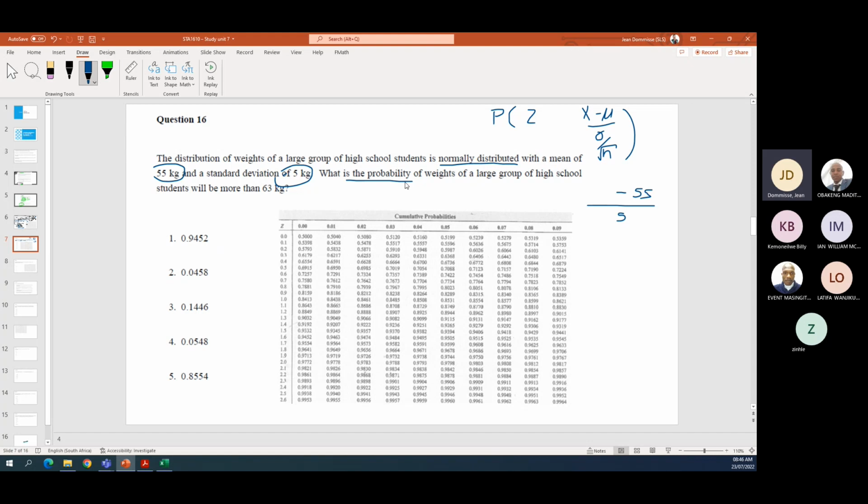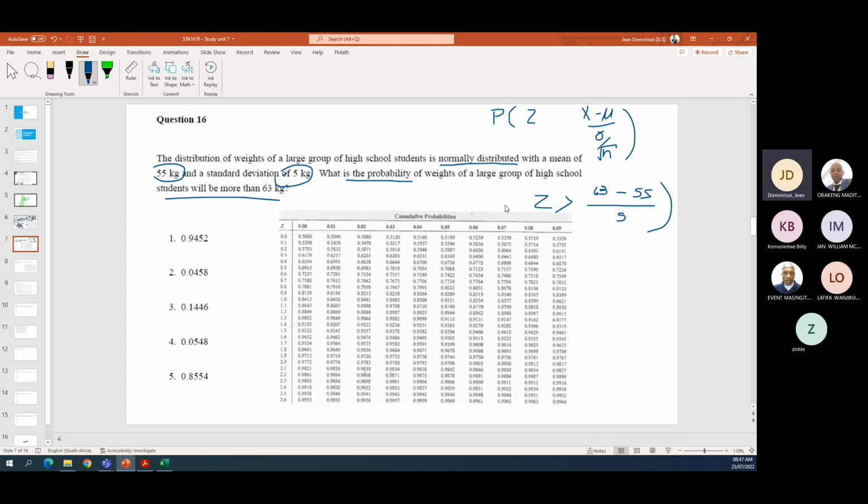What is the probability of weights of a large group of high school students will be more than 63? This now is interesting. So what they've done is more than.